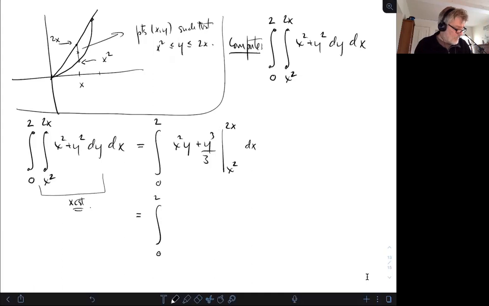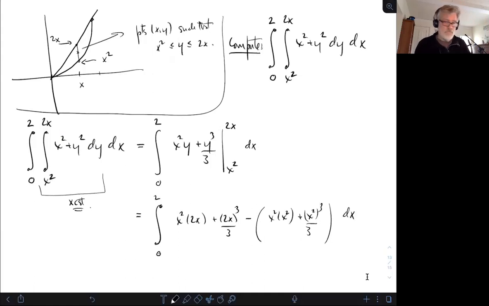I'm not doing anything with those right now. So now I replace, so this would be x squared times 2x plus (2x) cubed over 3 minus x squared times x squared plus (x squared) cubed over 3. Right? So I'm just evaluating the usual way.